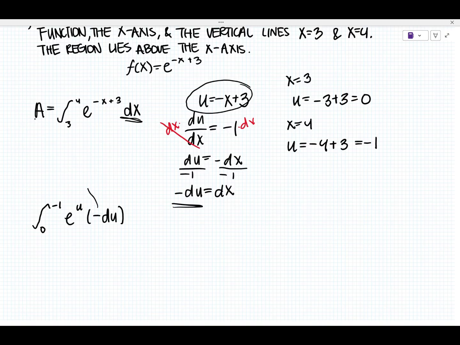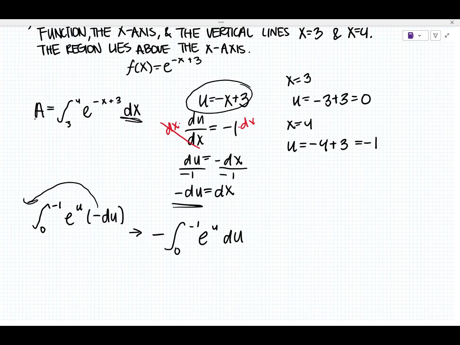This negative can go outside of our sign, so we can rewrite that. So it's going to be negative integral from 0 to negative 1 of e to the power of u times du.